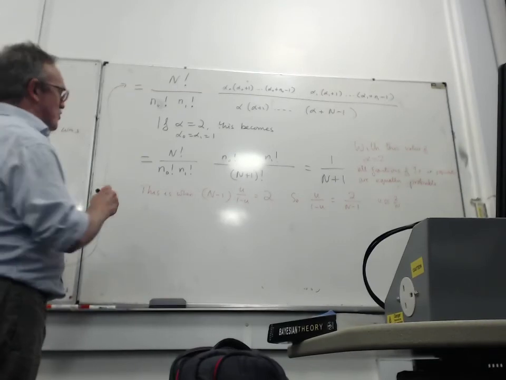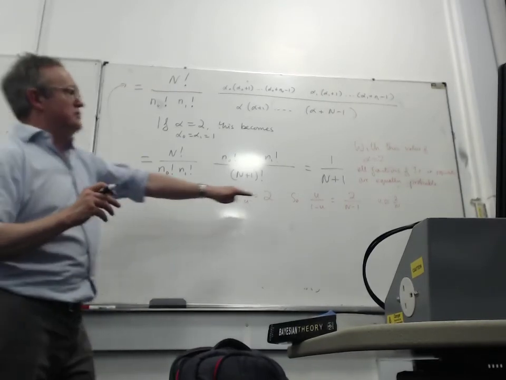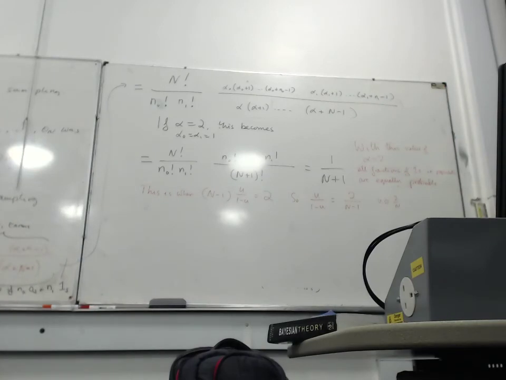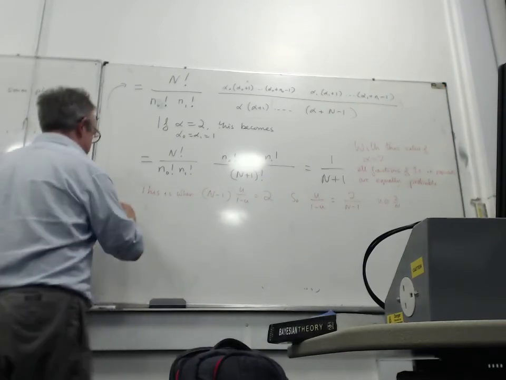For u very small, u is 2 over n. This is kind of a special value.